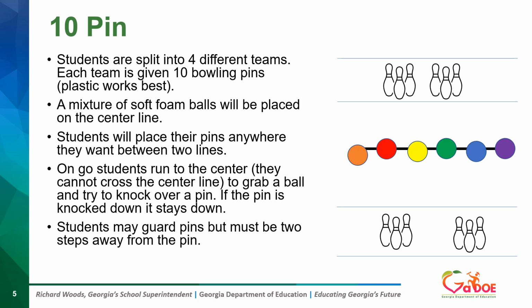So usually we keep a pretty close eye on this because they like to stay close. Students work together to try to knock down all 10 pins on the other side. If they are successful, you can rotate teams so that they can challenge another team, and you can continue play.